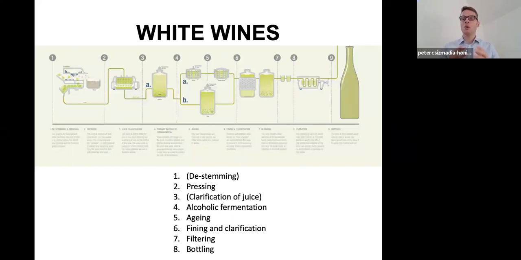And once all these have been done, then we can bottle it and make sure that it's ready for shipping to our customers from the winery. So that would be the essence of white winemaking.